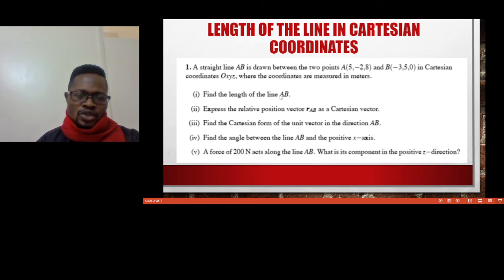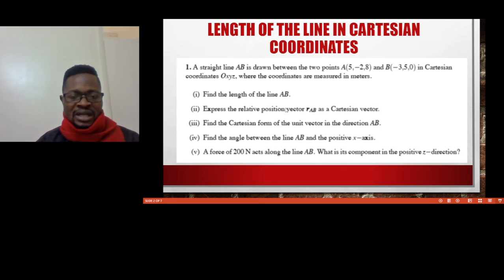Now, what we are supposed to do is to find the length of the line AB. Remember from my previous definition, I told you that the length is nothing but the distance between the endpoints. So we'll be using the distance formula in order to find the length of the line AB. Then we express the relative position vector.